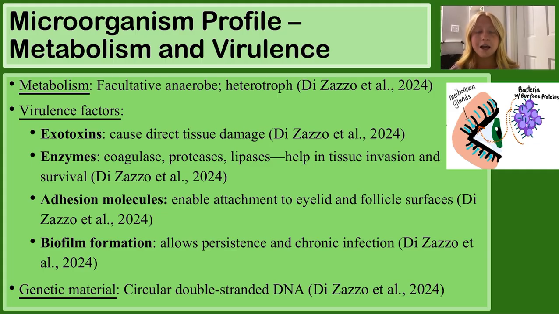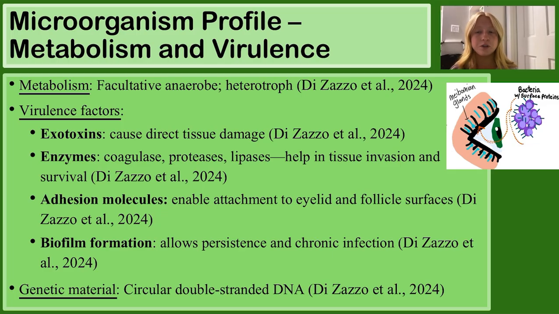Now looking at S. aureus, it is a facultative anaerobe, meaning it can grow with or without oxygen. It's also a heterotroph, and it gets its nutrients by consuming organic matter, in this case skin oils or cellular debris on the eyelid. Its virulence is what makes it problematic in blepharitis. Exotoxins can damage eyelid tissue and trigger inflammation, while enzymes like coagulase and lipase help it invade the tissue and survive on the eyelid margin.